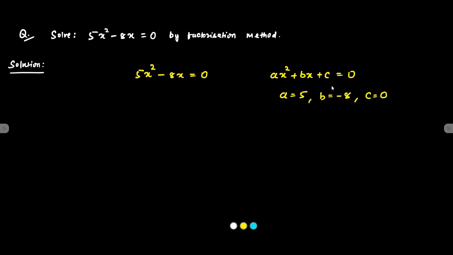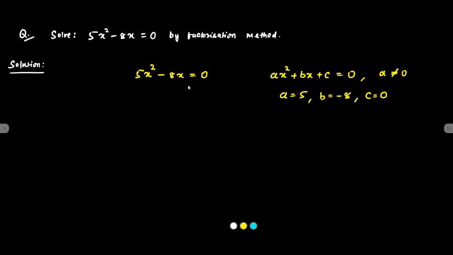So this satisfies the condition. The basic condition of a quadratic equation is this format with a not equal to 0, where a, b, c can be real numbers. So here a is not equal to 0, a = 5, c = 0, that's alright. It's satisfying the condition of a quadratic equation.